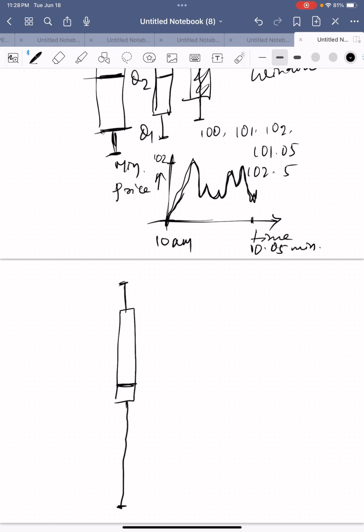This is my Q1, Q2 and Q3. Now let's say my interquartile range here is 10. If I have a data point that is beyond 1.5 times the IQR, so the IQR is 10, and the data point here is, let's say, below minus 15 or whatever, then this data point is an outlier.